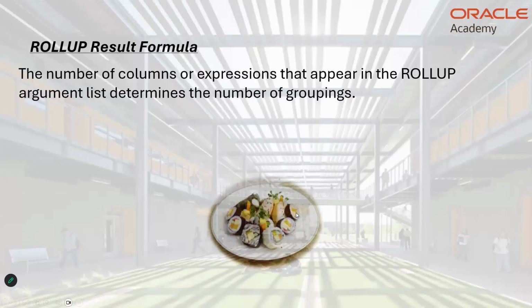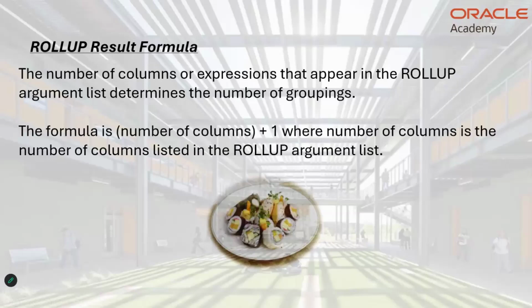All right. Here's a roll-up result formula. It's very complex. The number of columns or expressions that appear in the roll-up argument determines the number of groupings. So the formula is normally number of columns plus 1, where the number of columns is the number of columns listed in the roll-up argument.